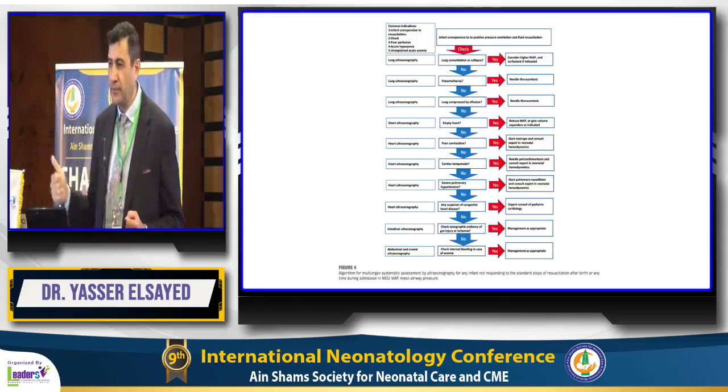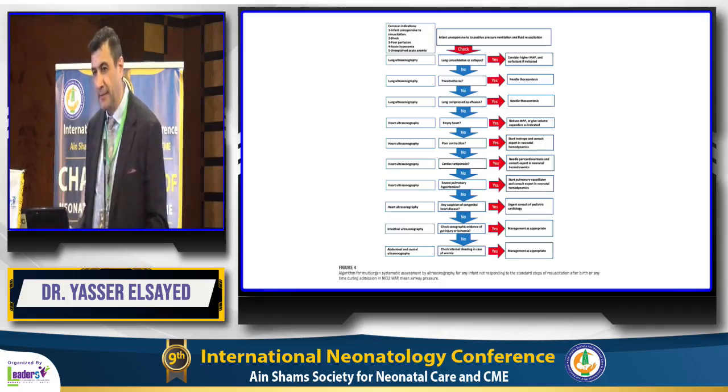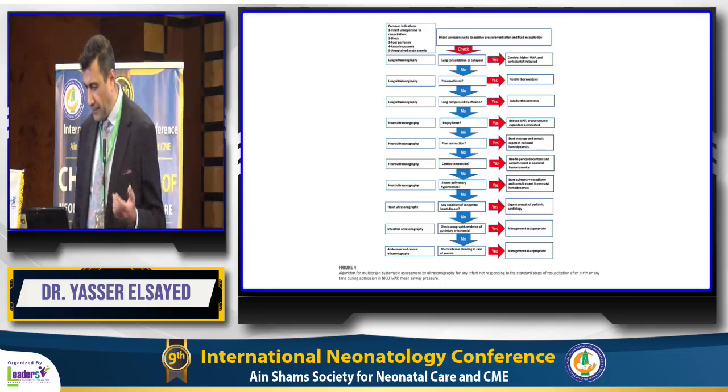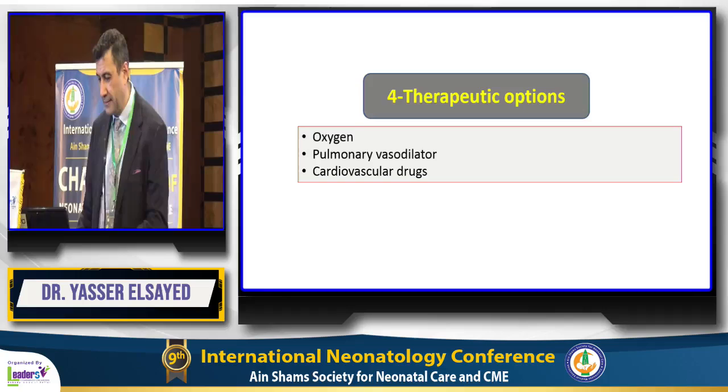In the lung: consolidation, lung collapse, pneumothorax, or pneumonia. If there is a heart issue, you need to rule out pericardial effusion, weak contractility, or pulmonary hypertension, and so on. It is available online for free access. Anyone can download it and read it in detail.